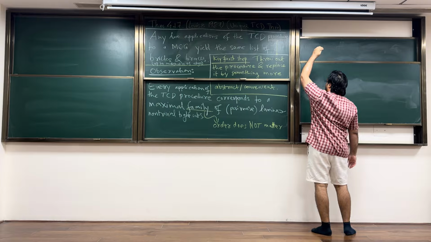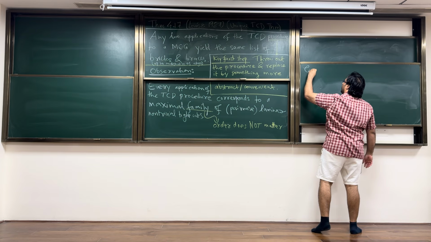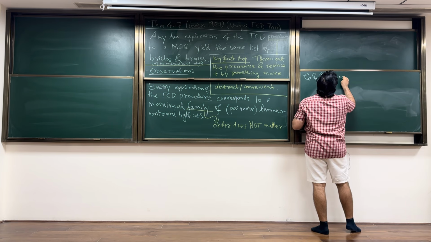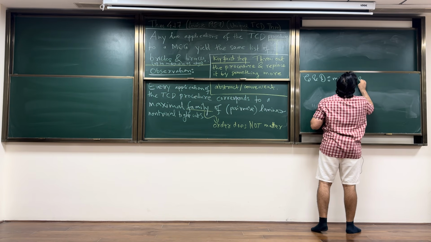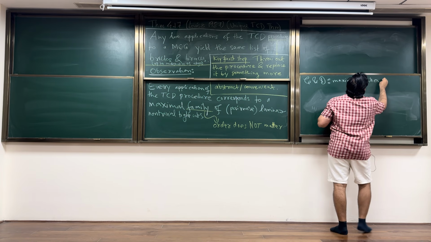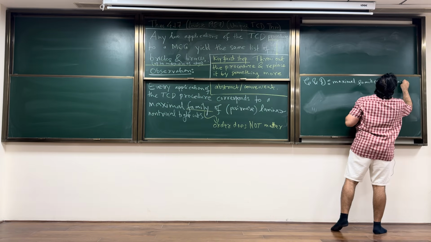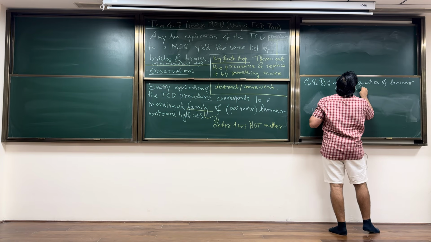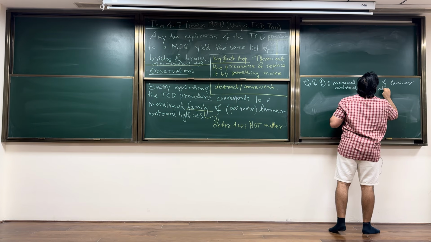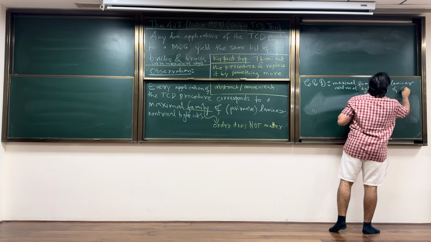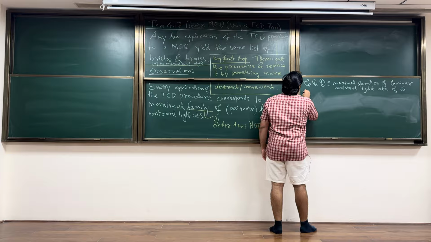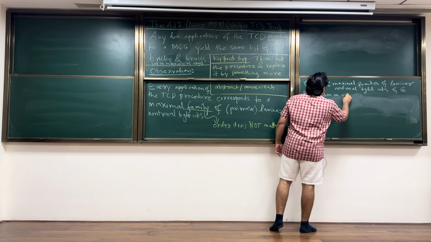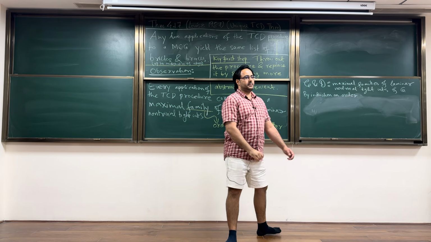Let script C and script D be maximal families of pairwise laminar non-trivial tight cuts of the graph G. And we are proceeding by induction on the order, the number of vertices.